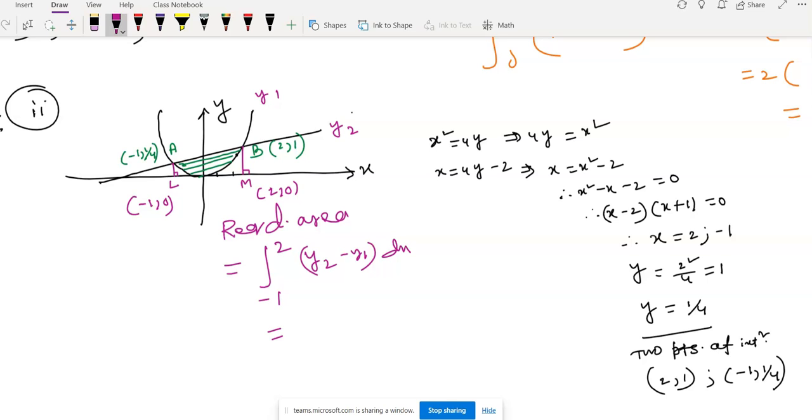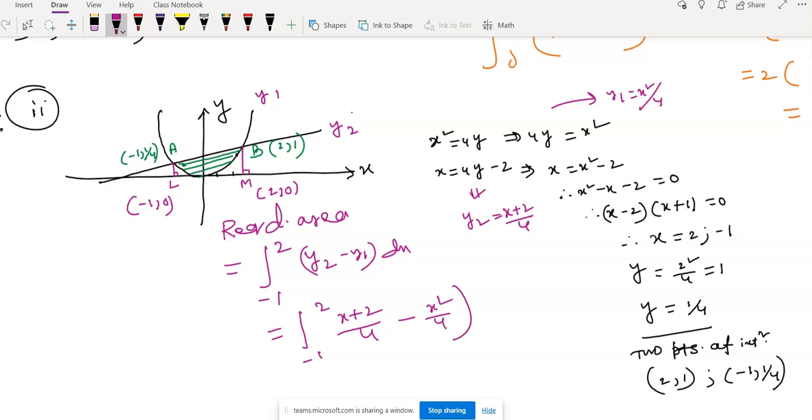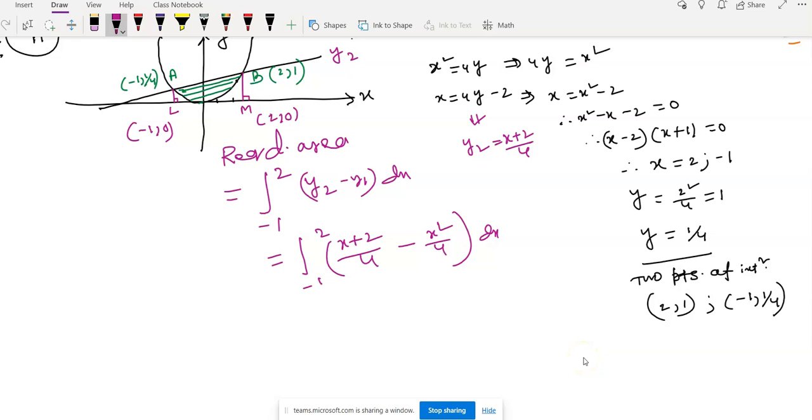Everyone can see the value of y2 will come from here. It is x plus 2 by 4. This minus, you have to get y1 from here, because it's lying below the first curve. That is x square by 4, dx. If you simplify it, then you can get the area.